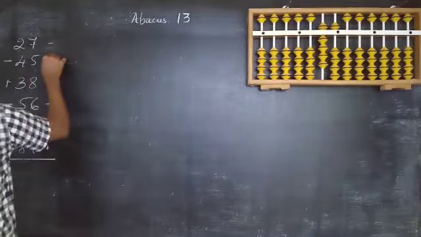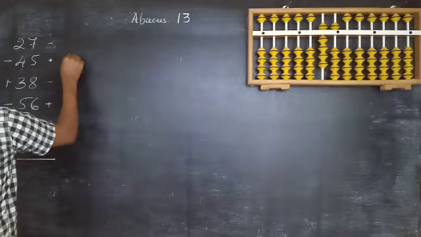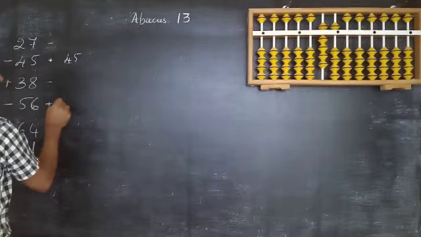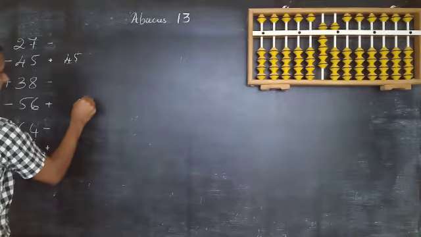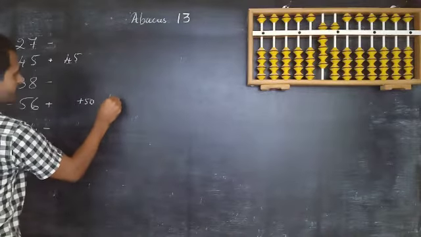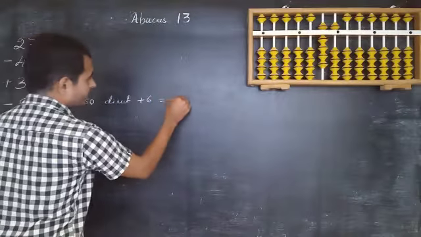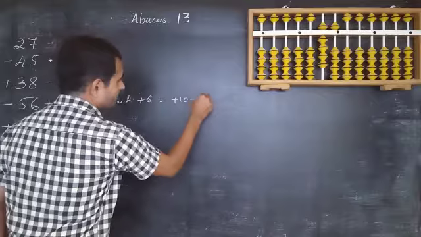45 is taken, plus 50 direct, plus 6 is equal to plus 10 minus 4.